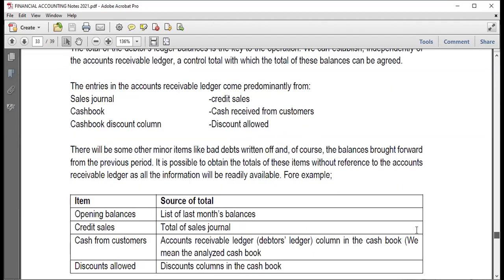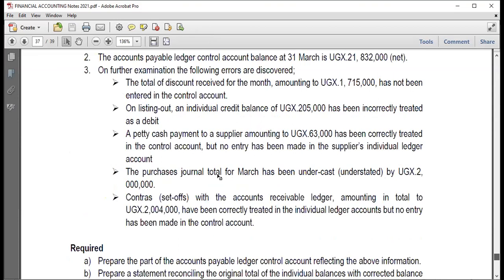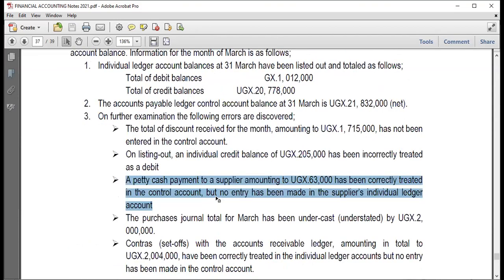So we shall now move to the next one. They are saying a petty cash payment to a supplier amounting to 63,000 had been correctly treated in the control account, but no entry had been made in the supplier's individual account.